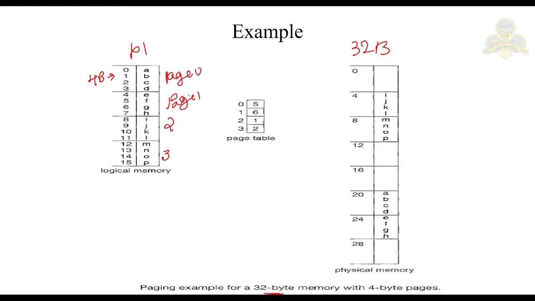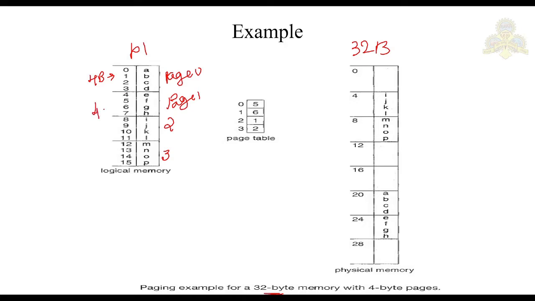Getting it? Now each page is divided again, because we are assuming each page is 4 bytes. That means you have 4 bytes of instructions here: the 0th byte, first byte, second byte, third byte.